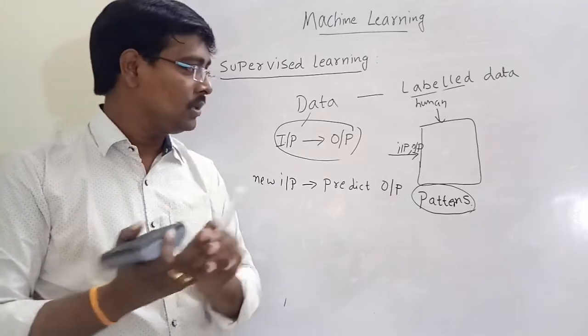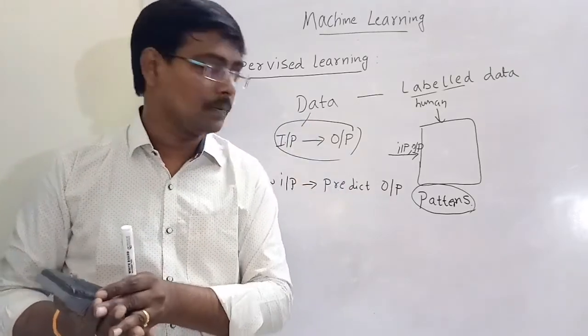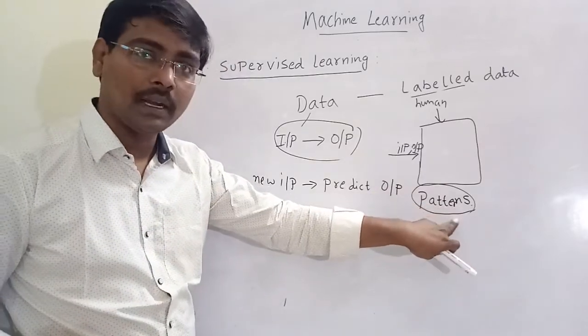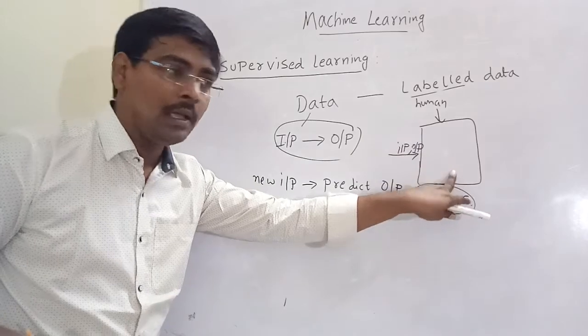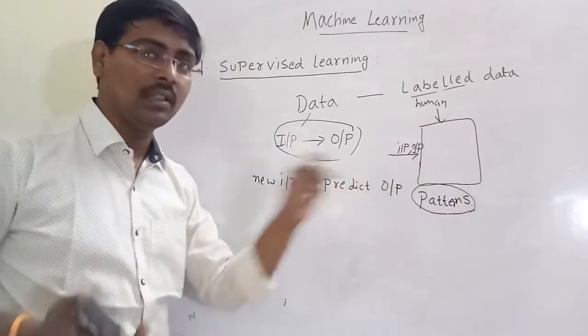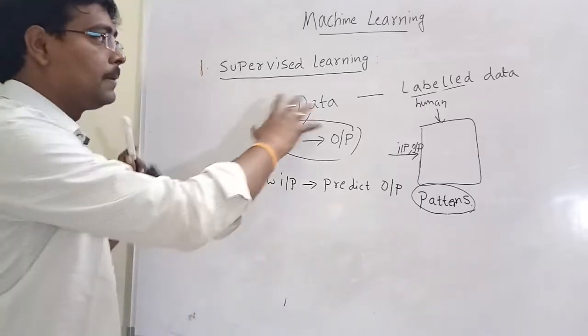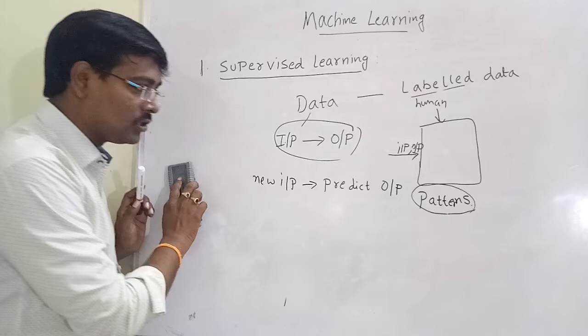The mapping function means if this is the input, this is the output to be produced, that is, identify the patterns. Whenever a new input is given, based on the already learned patterns, the computer predicts the output. So this is called supervised learning.